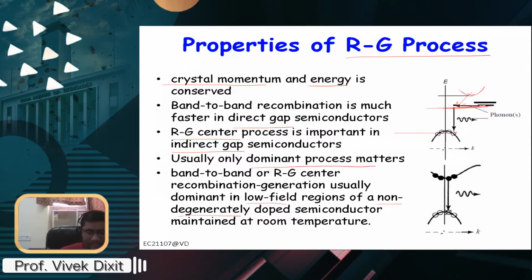The trap energy is fixed, but it can have any k vector, so for all k vectors the energy is the same. For direct gap, the two band curvatures are at the same k vector, so they recombine without the help of any phonon.